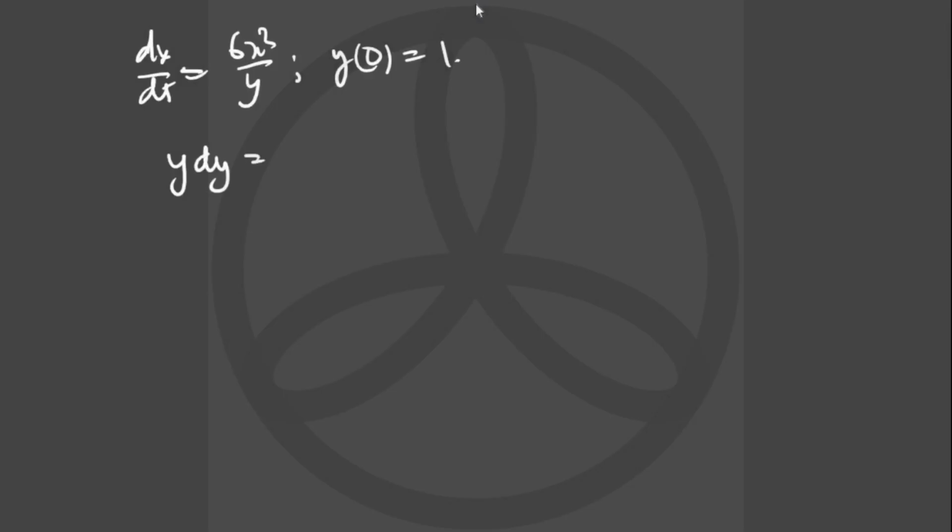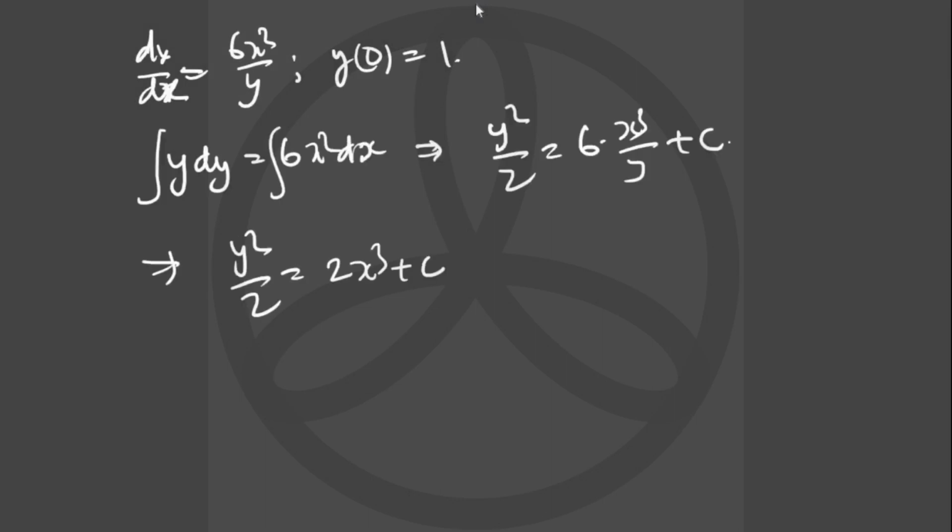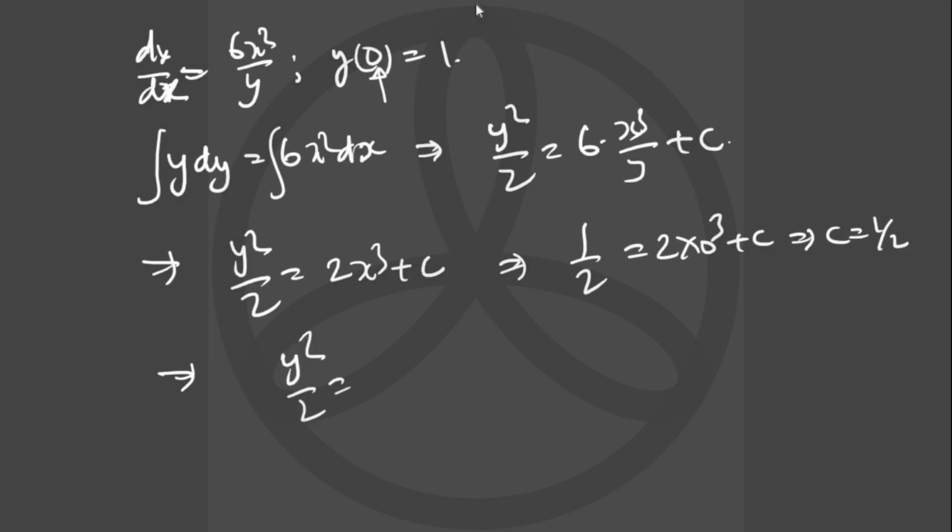Again very simple. Let us make use of the initial condition here, at x is equal to 0, y is equal to 1. This will be 1 by 2 equal to 2 times 0 cube plus c, and this will give c is equal to half, and our answer will be y square by 2 equal to 2x cube plus half.